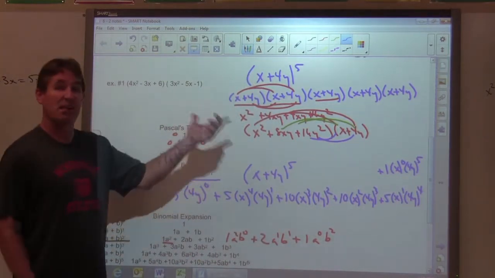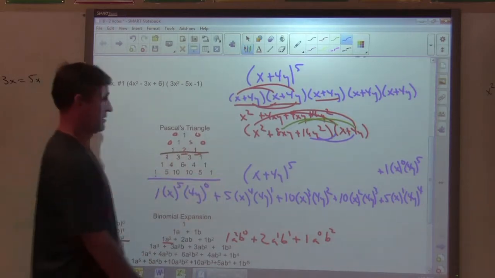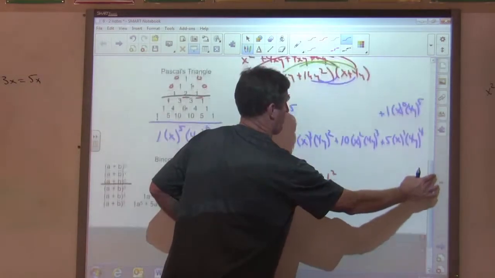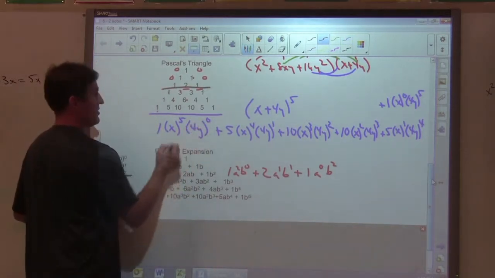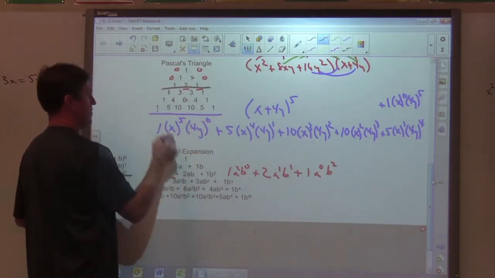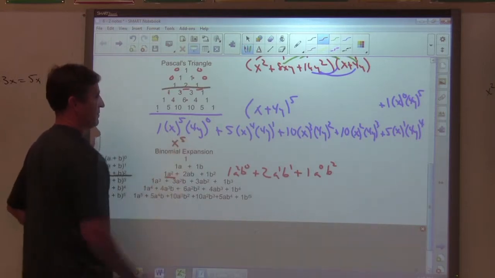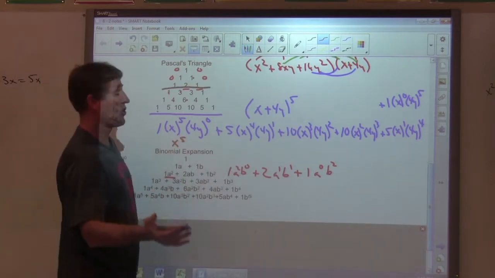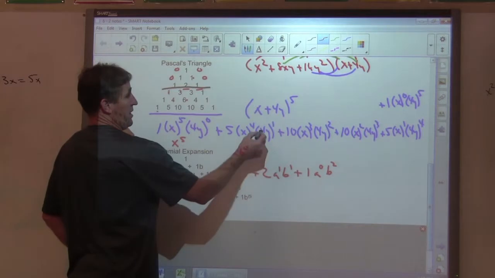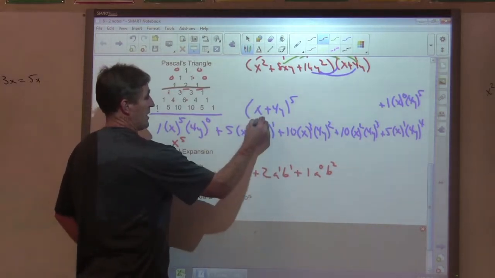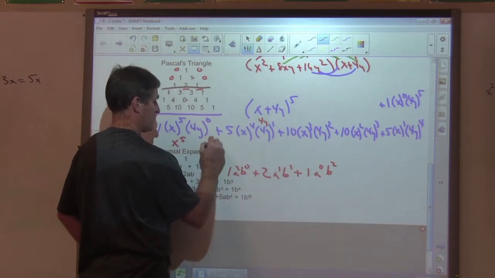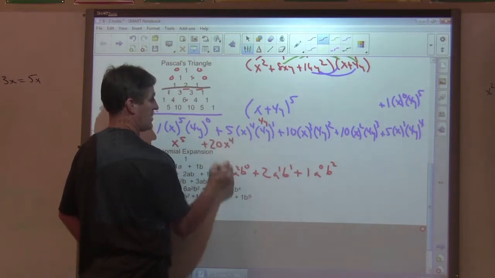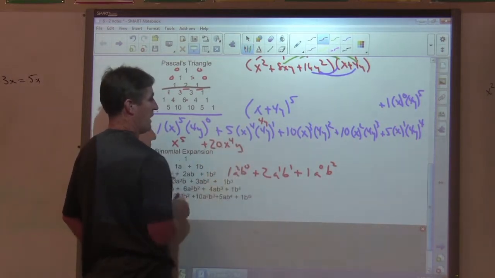And now we just simplify the terms. So we know that any term to the 0 power is 1, so we just get x to the 5th. Now here's where you have to start being careful. This is to the first, so this becomes 4y, so we go 5 times 4 is 20, x to the 4th, y to the 1st.